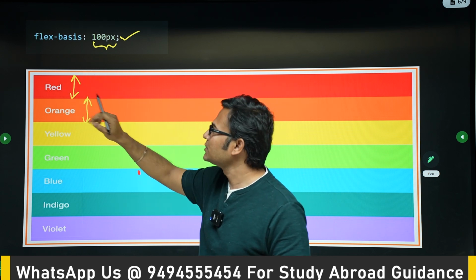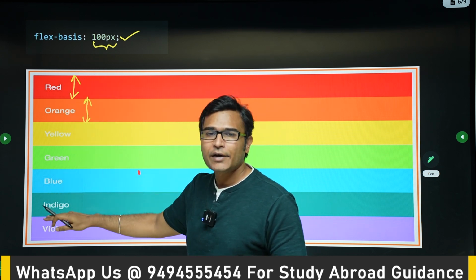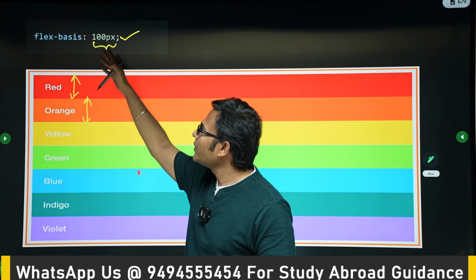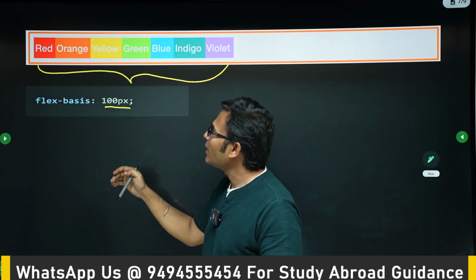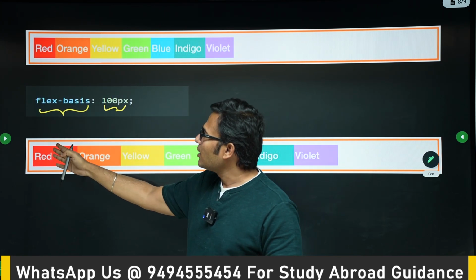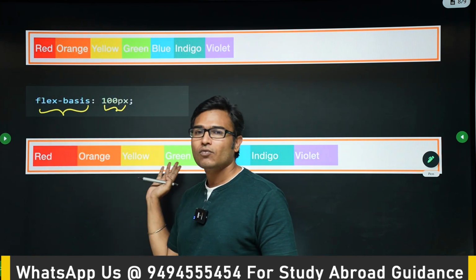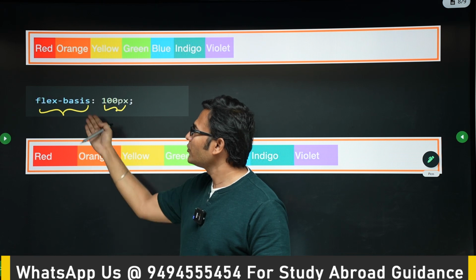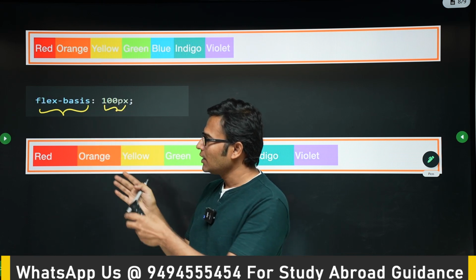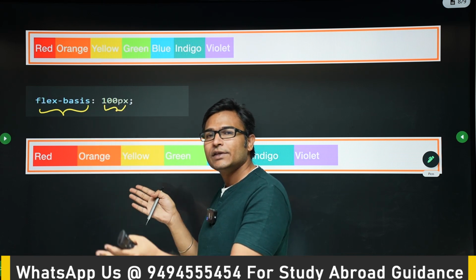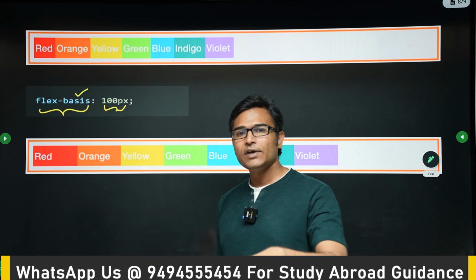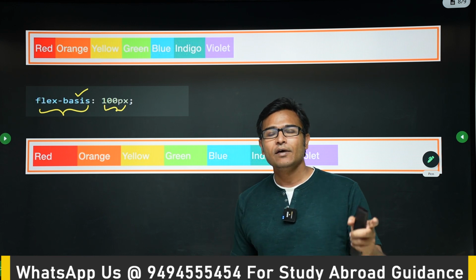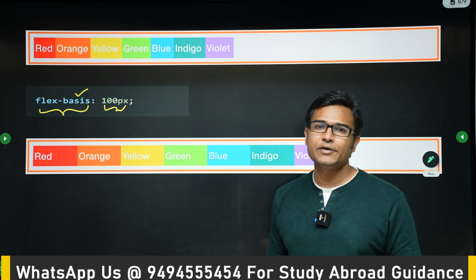Try to understand this. When the elements have direction column and you apply flex basis, the height is increasing. But when the flex direction is row and you apply flex basis, then the width is increasing. So sometimes because of flex basis, width will increase, sometimes height will increase. That depends on the flex direction.